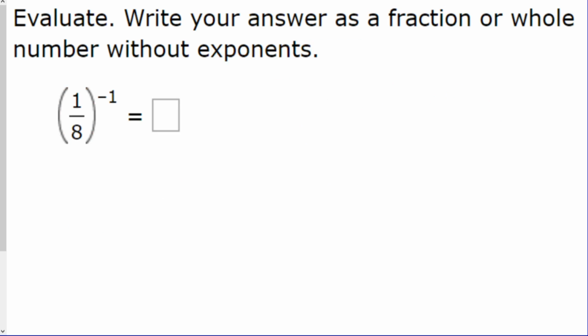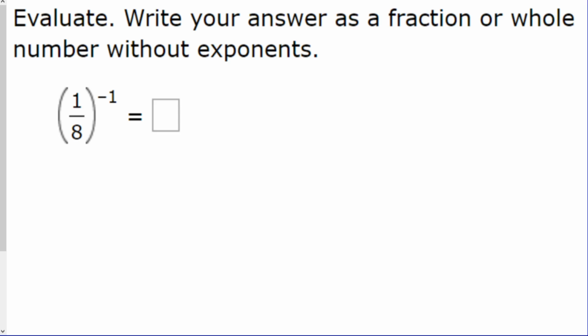All right, let's look at another example. I picked a couple of them with the fractions just to make sure that we had a chance to do a few. It says write your answer as a fraction or whole number without exponents. So we're going to evaluate this. You could type this in the calculator. I don't think you'll get a decimal. You shouldn't anyway for this one, but it's a good way to check. Don't rely on the calculator to do your work for you, but always use it as a backup. It can check.